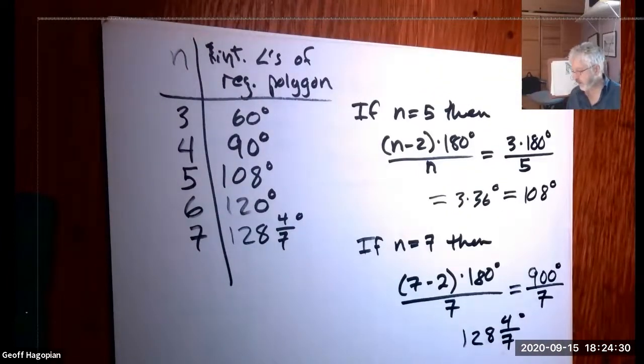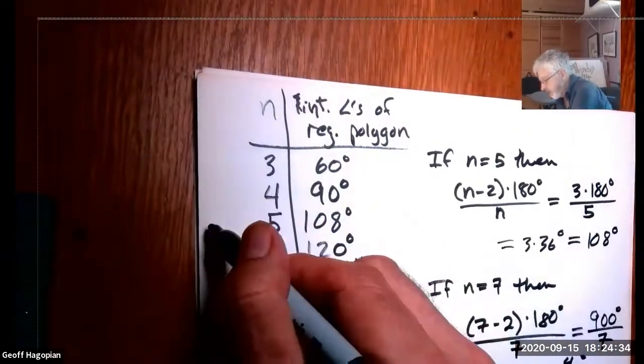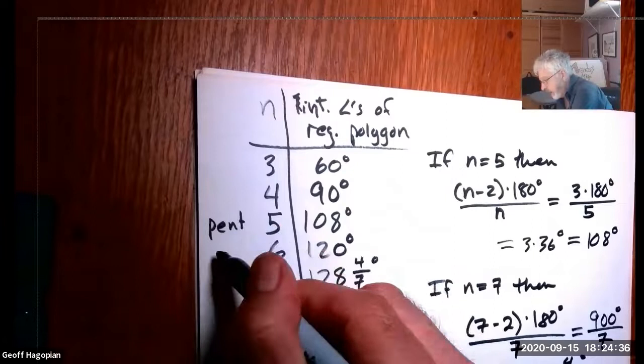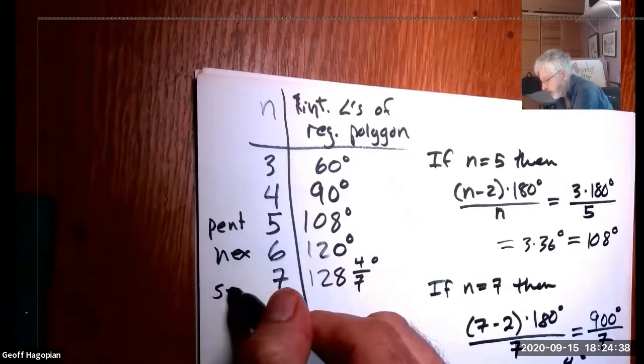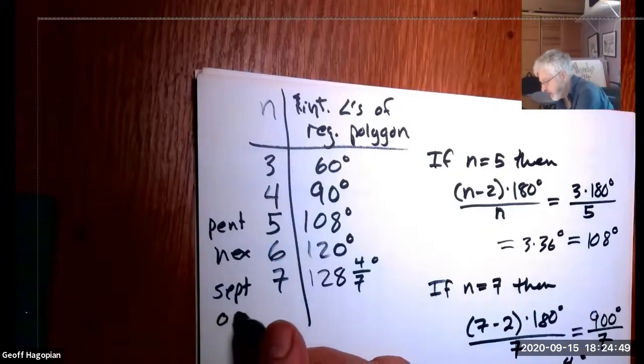So that's the septagon. The prefixes here are pent, hex, and sept. Is there another one for 7? I think there is. Then oct is 8. How about an octagon?